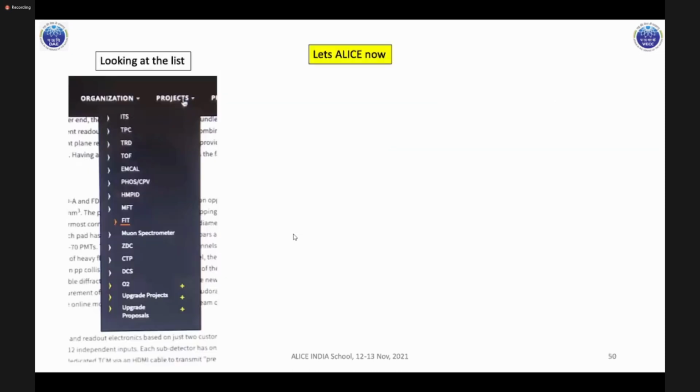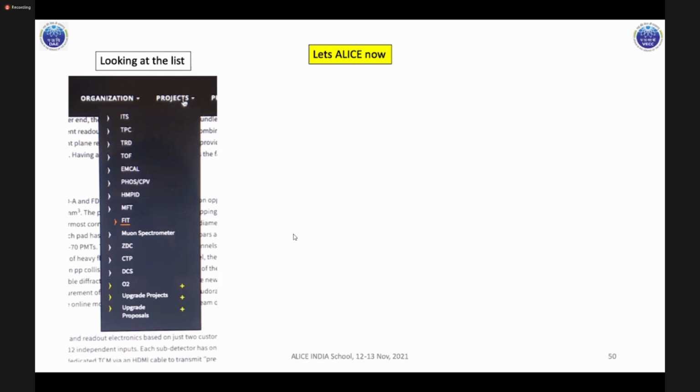So, this is not all that ALICE has in the present setup. If I look at the list of the detectors and other subsystems in ALICE, these are the list: ITS, TPC, TRD, TOF, EMCal, PHOS, HMPID, MFT, FIT, muon spectrometer, ZDC, CTP, DCS, O2, and so on. And you can understand that we could reach only up to half within this permitted time.